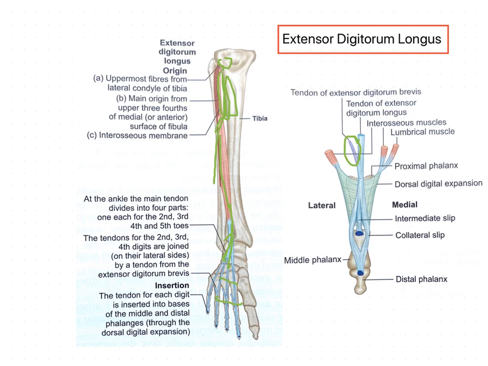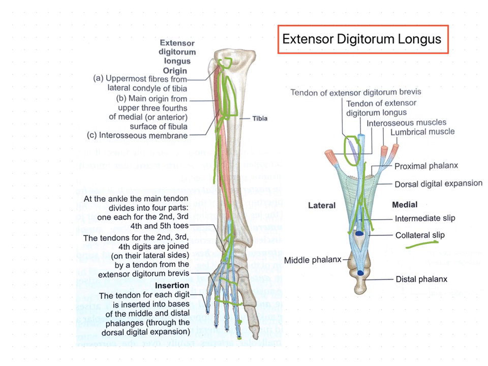If you see the insertion, it forms the dorsal digital expansion, and it is inserted on the bases of the middle and distal phalanges. You can see here again, this extensor digitorum longus is going to split into 3 slips: one intermediate slip and 2 collateral slips.